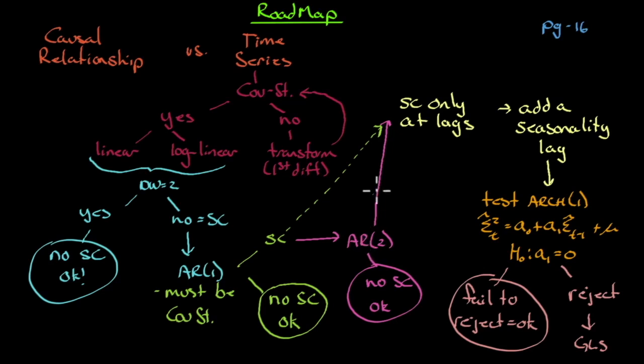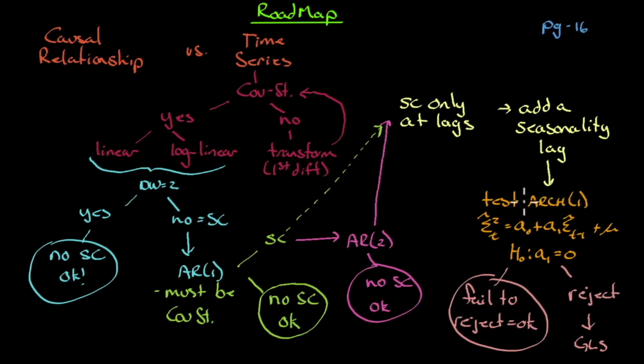If they happen to be just at a lag, you'll add a seasonal lag. But if there's more of them and they're not just located on the lag, after you add the seasonal lag, if they don't go away, you'll go from an AR1 to an AR2. If you have no serial correlation at an AR2, you're good to go. If you add the seasonal lag and you get rid of serial correlation, well, we keep going.